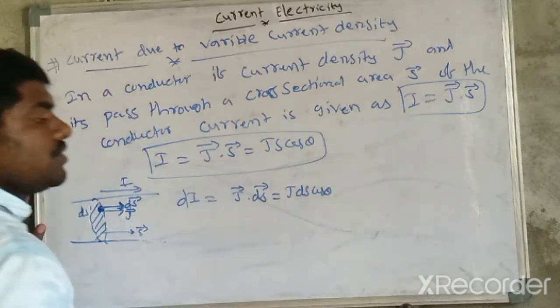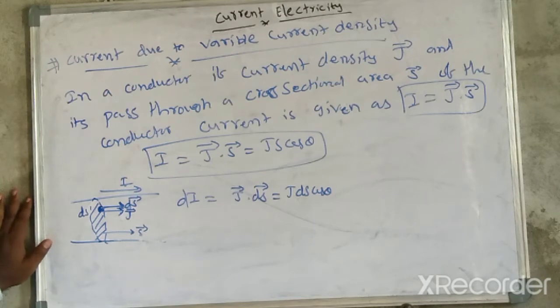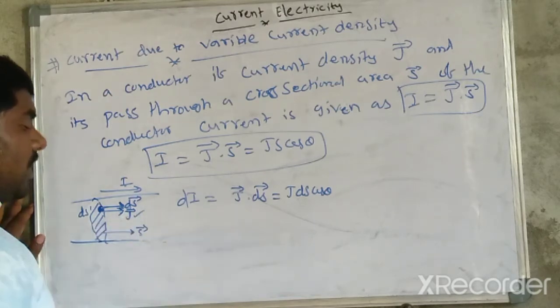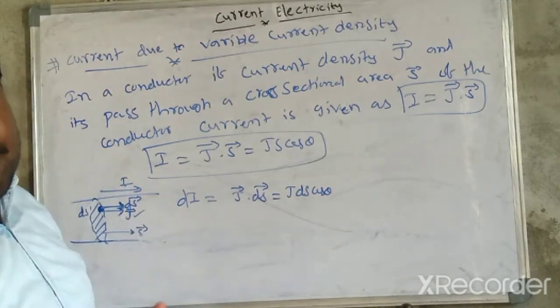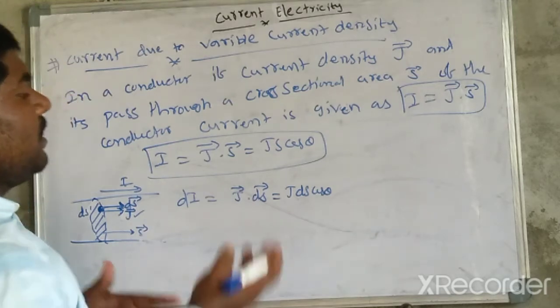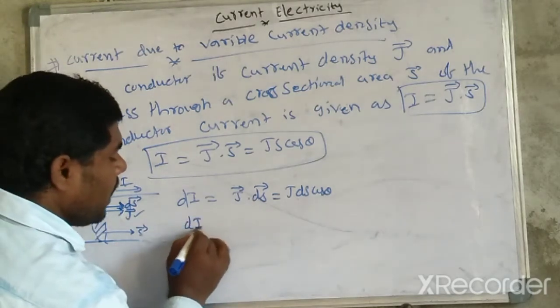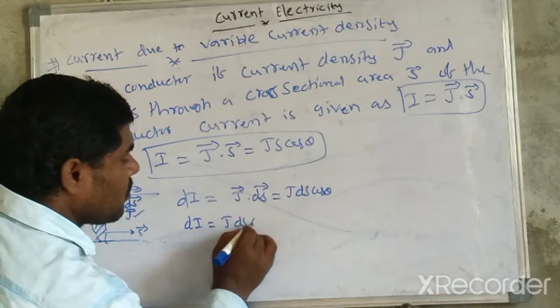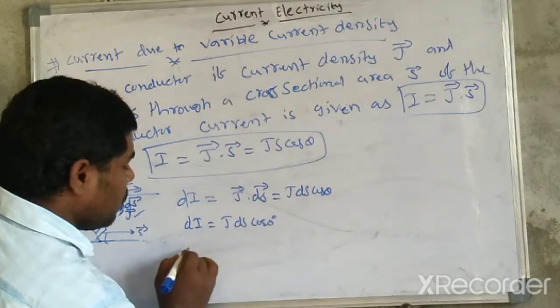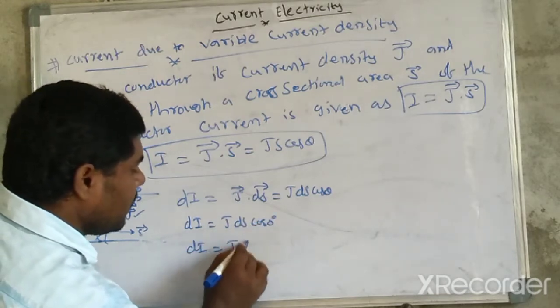Here theta is 0, because the angle between j and ds is 0, same direction, parallel to each other. So di is equal to j ds cos 0, so di is equal to j ds only.